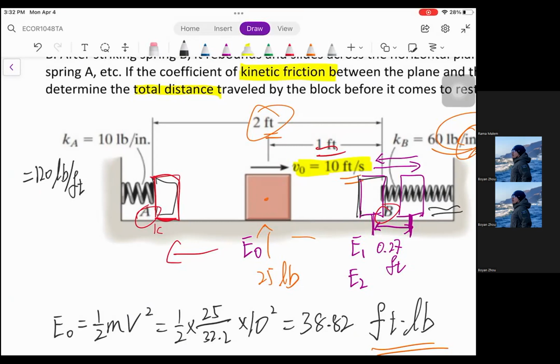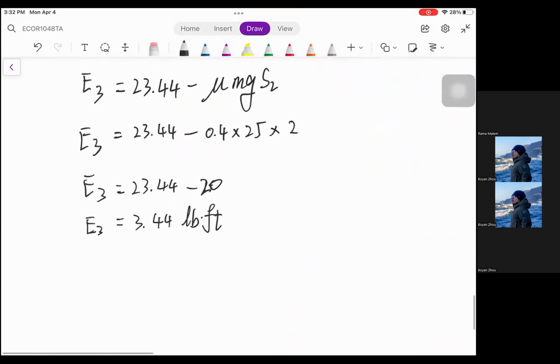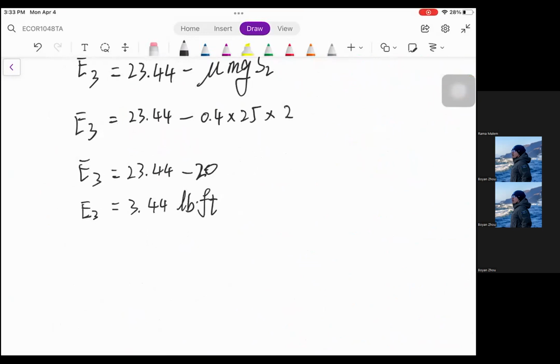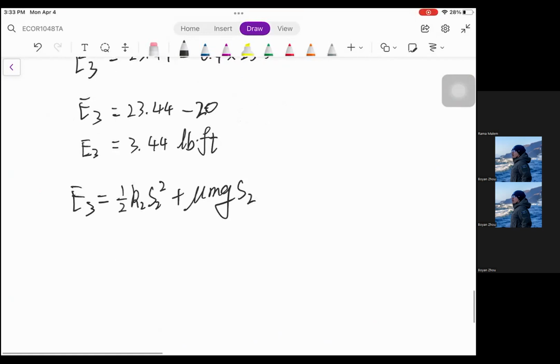So we're going to do the same thing. It's going to hit spring A again and then go back. First we need to calculate how much deeper the spring is going to be compressed. So the energy at the third location converts to the energy stored in the spring, half K2 S2 squared, plus the energy lost due to friction, mg S2.